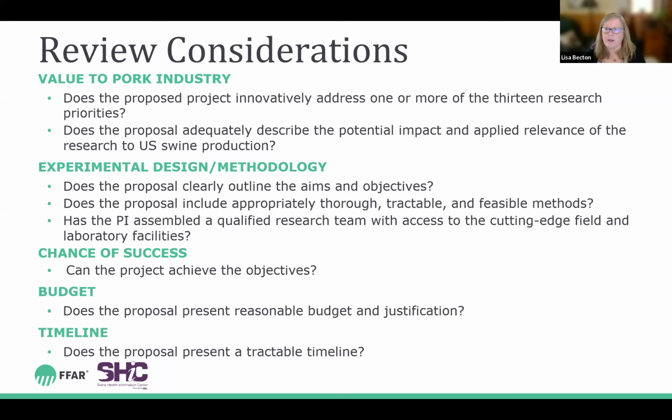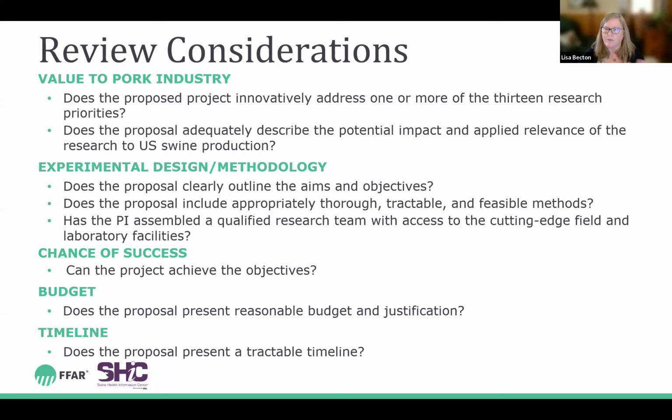One of those is a chance of success. Can the project realistically obtain the objectives and reach the outcome? Is the budget reasonable and justified? And then lastly, does the proposal present a tractable timeline? Is this something that can be accomplished within the stated timeline, or is it either under or over explained?